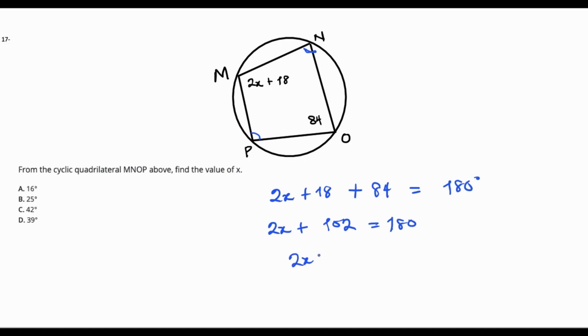So we have that 2x is equal to 180 minus 102, which is equal to 78. And so x is equal to 78 divided by 2, which is 39 degrees. So x in this case is D, 39 degrees.